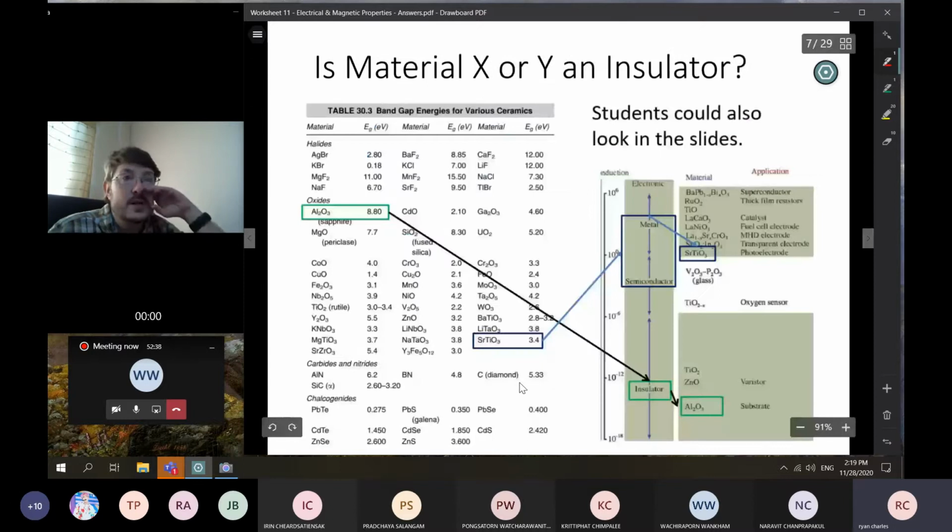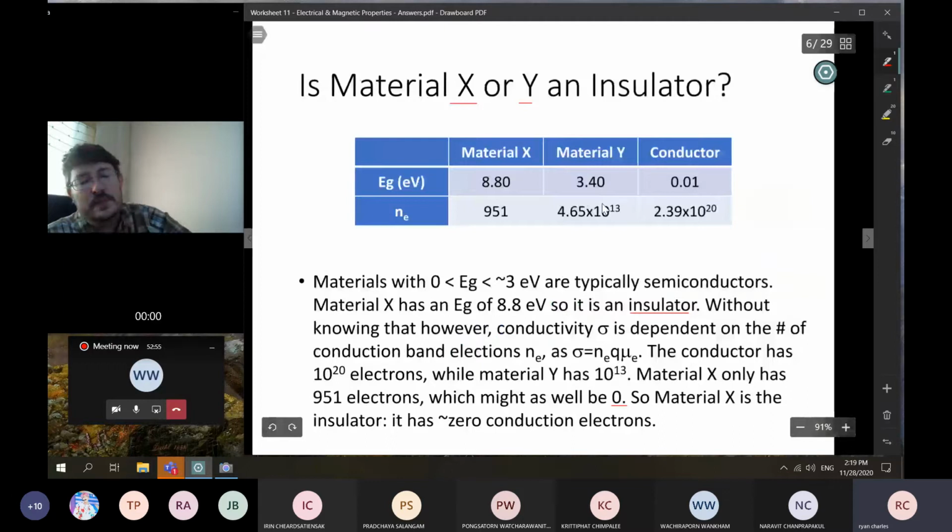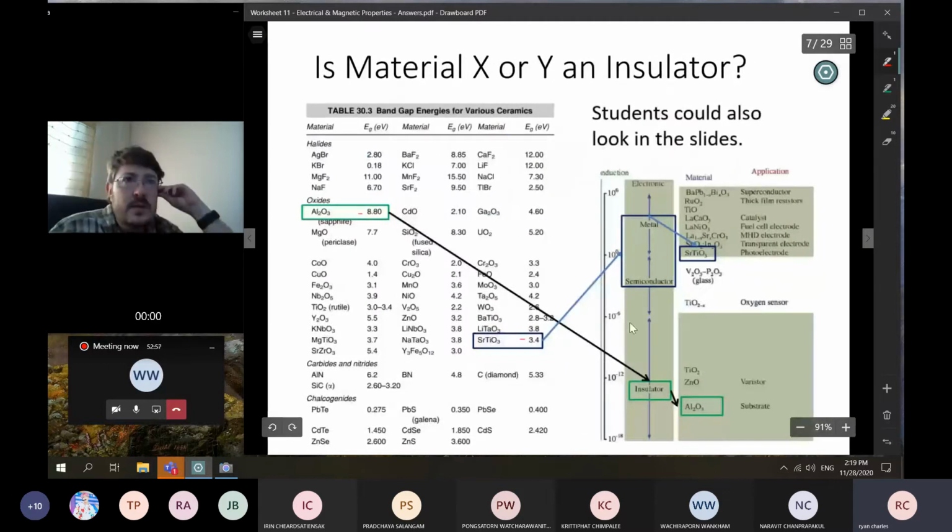And again, you could also look in the slides and find that something like aluminum oxide has a band gap of 8.8, and strontium titanate has a band gap of 3.4. You could look on this table here and find something like alumina. Alumina is in the insulator section, right? Strontium titanate is up here in the semiconductor region, right?